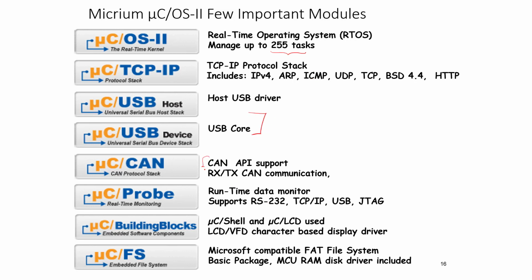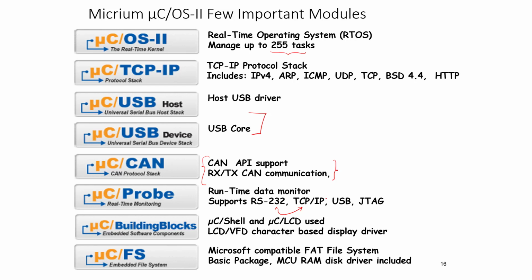Excellent support for vehicle communication buses such as CAN and everything related to CAN. Excellent support for other IO protocols such as the serial port protocol, RS-232, TCP/IP, USB, and JTAG.